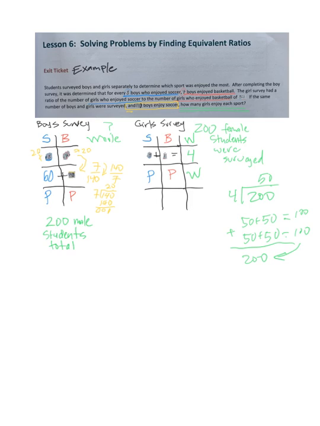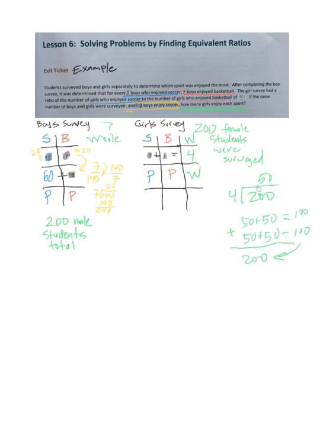So what does that mean for our soccer and our basketball? Well, it means that on one side, we're going to have 3 times. Remember, we had 4 times over here, which equaled 200 female students. But we're going back to the parts. The soccer part is only worth 3. So 3 50s, because we figured out that you need 4 sets of 50 to equal 200.